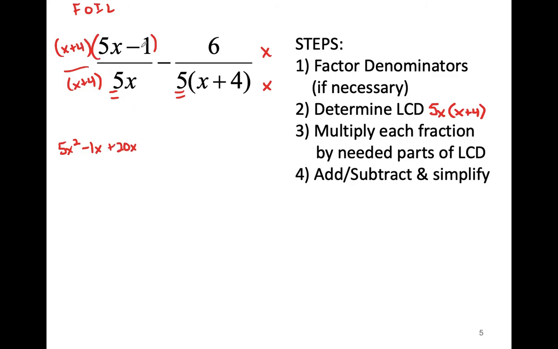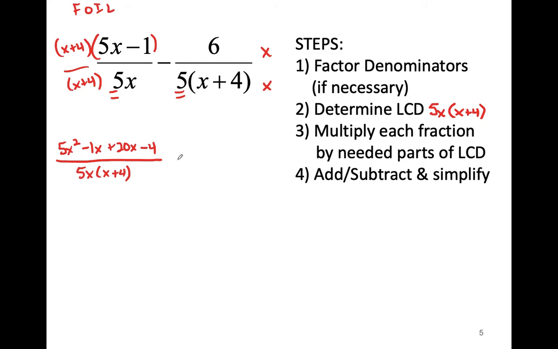And then I have 4 times a negative 1, which would give me a negative 4. And this is all over my least common denominator, which is simply 5x times x plus 4. It really doesn't matter what order you write these factors, because it's all multiplication. So it comes out to be the same.